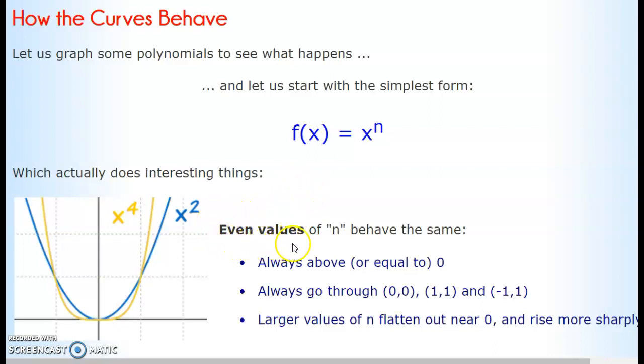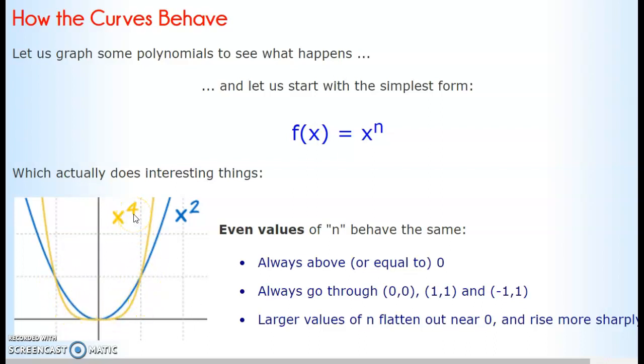If your degree is an even number, the parent function is always going to be above or equal to 0, like this quadratic. It's going to have the same basic U shape, symmetric from left to right. The only difference is that as this number increases, the graph flattens out closer and closer to the bottom.